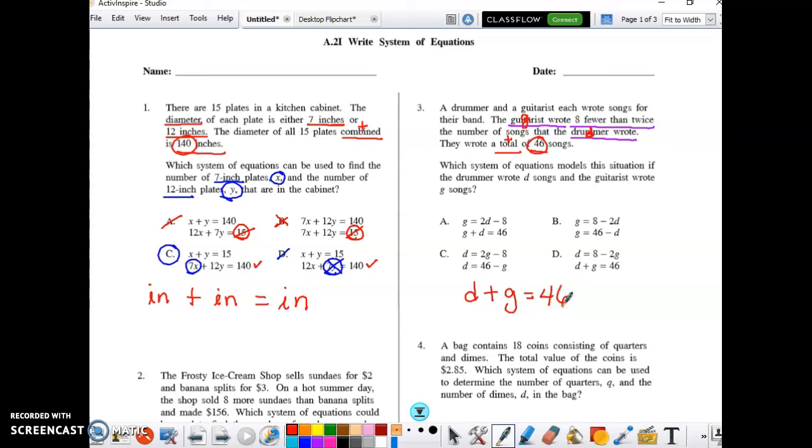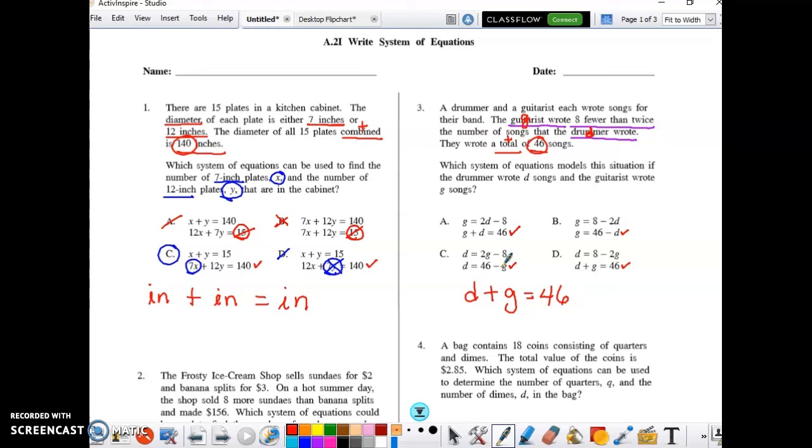Okay, so I can probably start eliminating some things. Let me see, guitarist plus drummer equals 46, that's correct. 46 minus the guitarist gives me the drummer, that's correct. Drummer plus guitarist equals 46 songs, that's correct. And 46 minus what the drummer wrote equals the guitarist, that's correct. They just wrote these two backwards, but that's okay because the opposite of addition is subtraction.